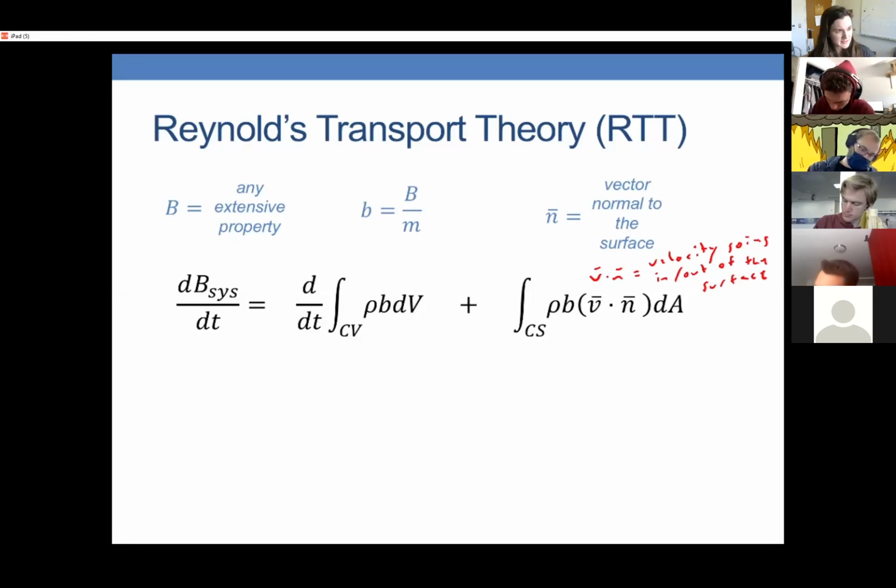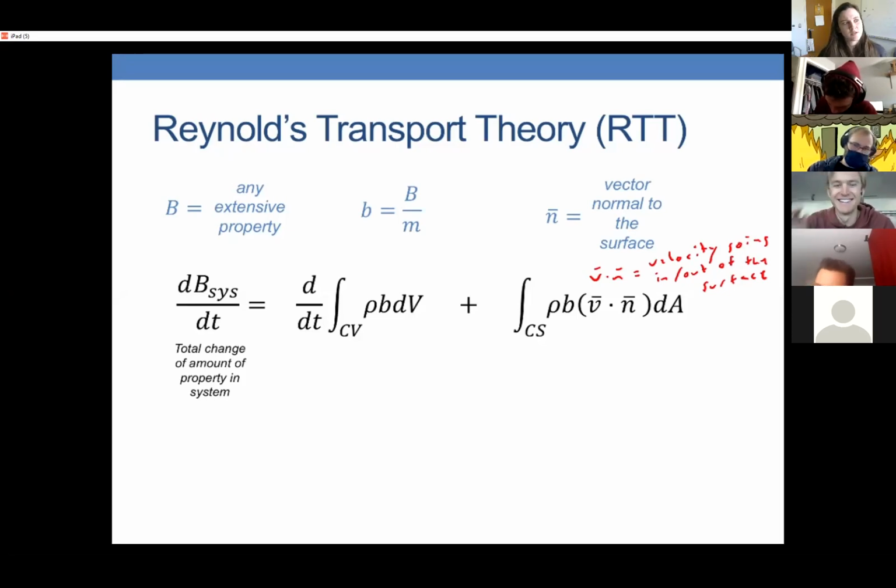So then what physically is this? Okay, so dB/dt is the total change of the amount of property in the system. Now, I believe, Tyler, you talked about input, output, accumulation, generation. Which of those is this? To be honest, I don't know.